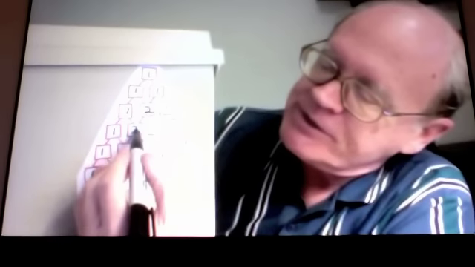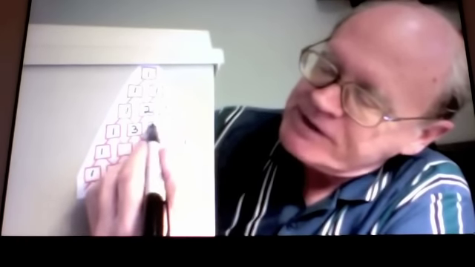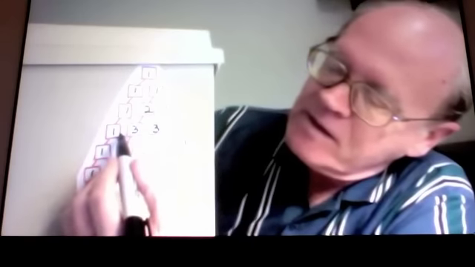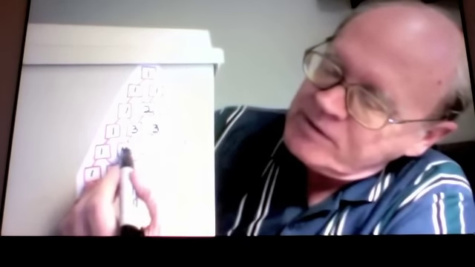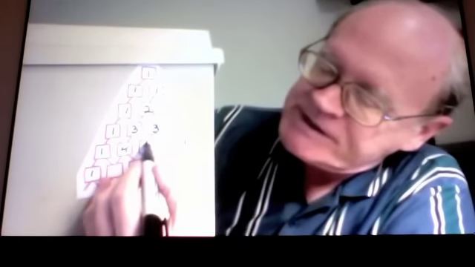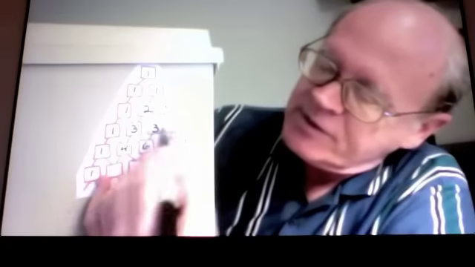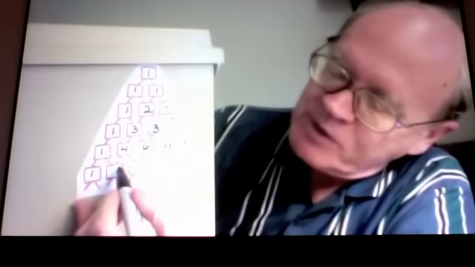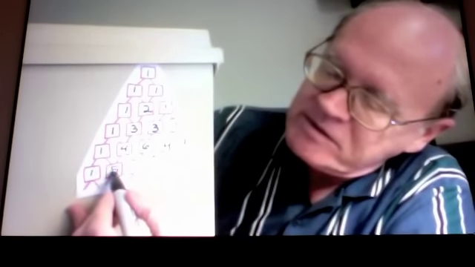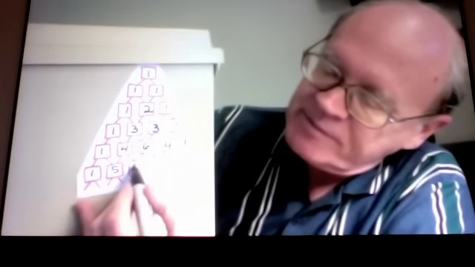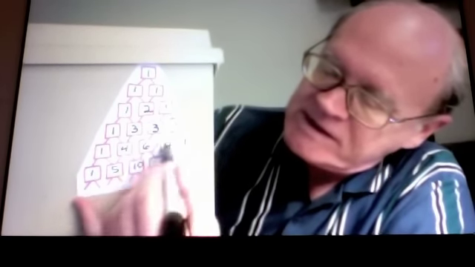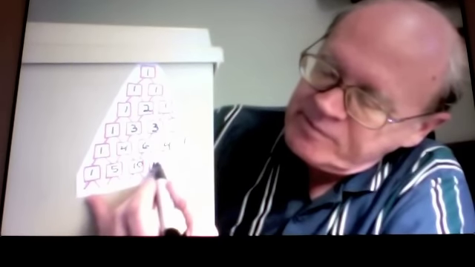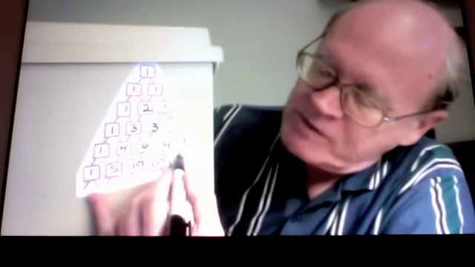1 plus 2 is 3. 2 plus 1 is 3. 1 plus 3 is 4. 3 plus 3 is 6. 3 plus 1 is 4. 1 plus 4 is 5. 4 plus 6 is 10. 6 plus 4 is 10. 4 plus 1 is 5.